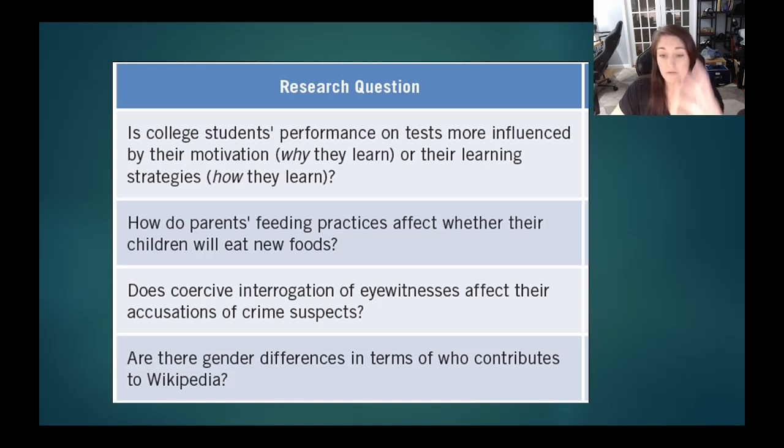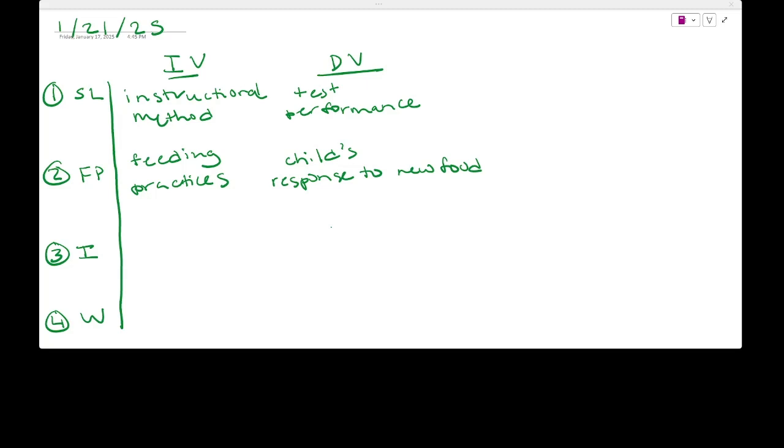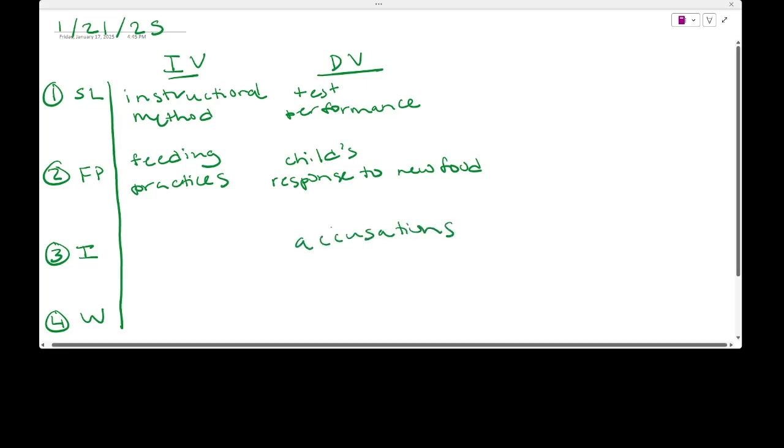Okay, for number 3, does coercive interrogation of eyewitnesses affect their accusations of crime suspects? Okay, well, right now, coercive interrogation of eyewitnesses, that seems like the independent variable, because we're expecting it to produce a change in those accusations. So accusations is my dependent variable.